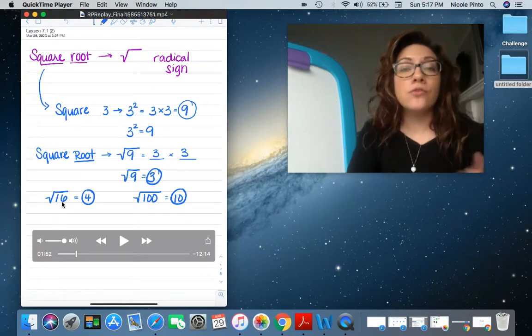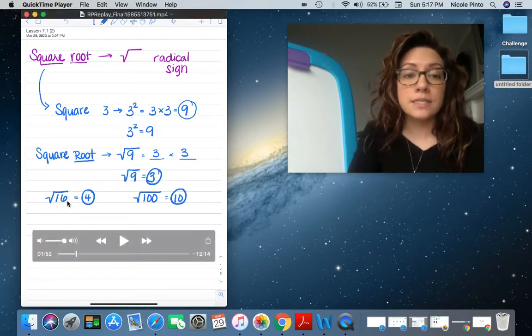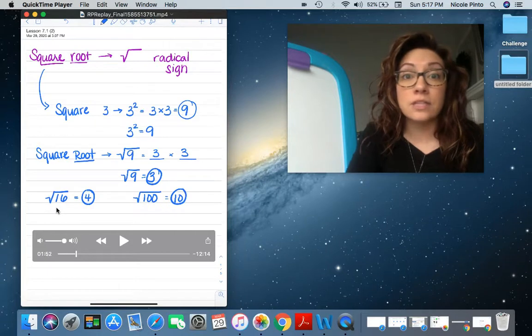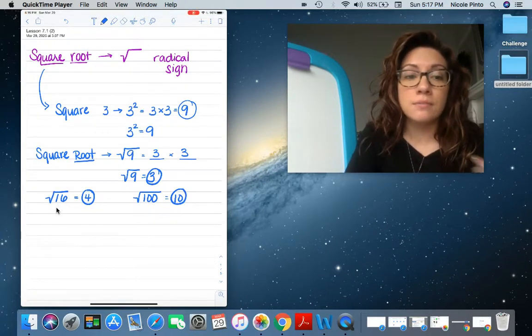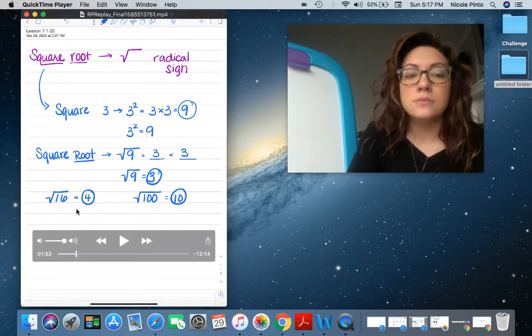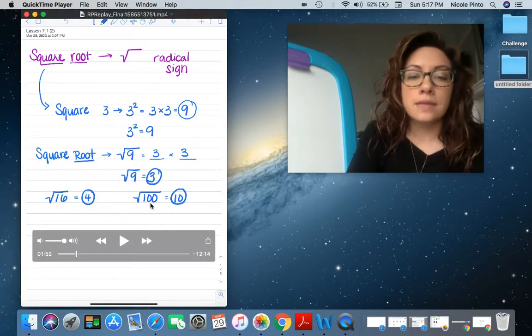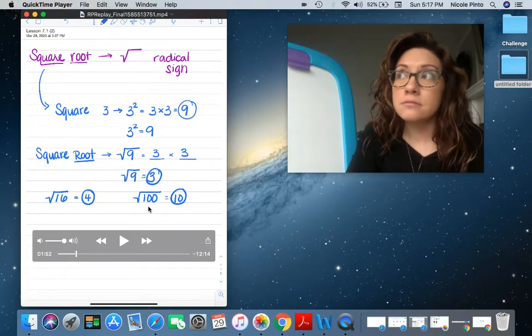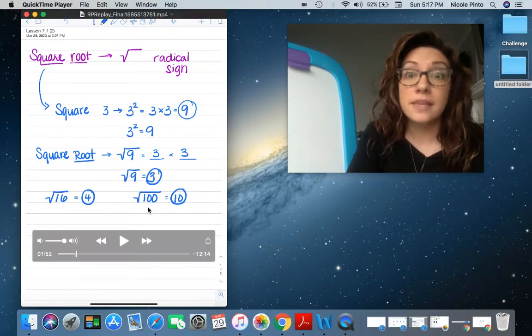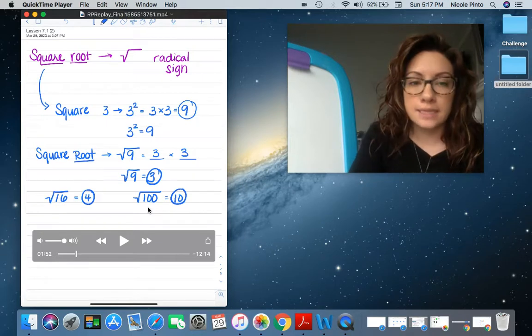So when I look for the square root of 16, simplemente quiero saber cuál número multiplicado 2 veces me dio 16. 4. Same thing with 100. ¿Qué número multiplicado 2 veces me dio 100? 10. 10 por 10, 100.